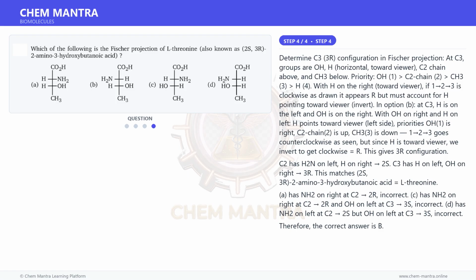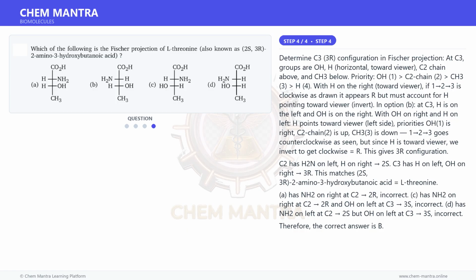In option B at C3, H is on the left and O is on the right. With O on right and H on left, H points toward the viewer, left side. Priorities: O, 1, is right; C2 chain, 2, is up; CH3, 3, is down. 1 to 3 goes counterclockwise as seen, but since H is toward the viewer, we invert to get clockwise, which is R. This gives 3R configuration.